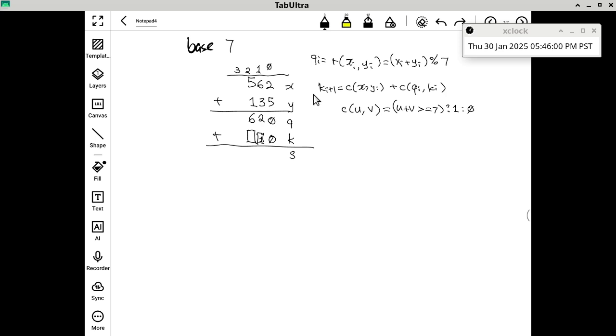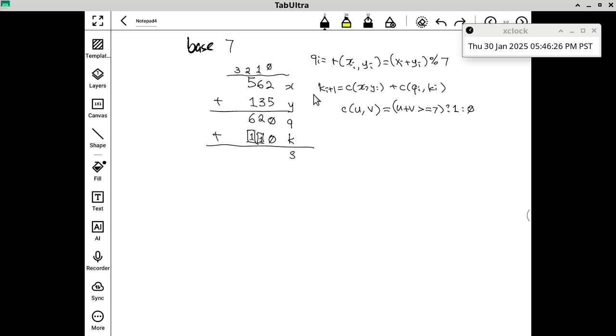So C of x1, y1 is a 1. But then we also want to look at C of q1, k1. C of q1, k1 is 2 plus 1, which is a 3. 3 is greater than or equal to 7 is false, and therefore it is a 0. So that means we have 1 plus 0 again, which is also just a 1. So now we put another 1 here.